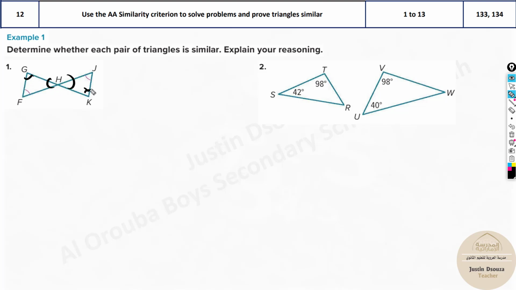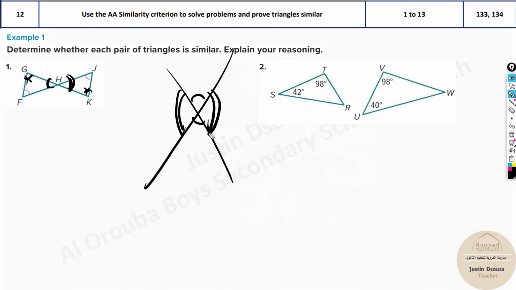Don't think G and K because they have not told anything about that. But H and H, they are vertically opposite. Whenever you have two lines crossing like this, the opposite angles are always equal, the vertically opposite angles. That is the thing. If this is 120, this will be 120. If this is 60, this will be 60.